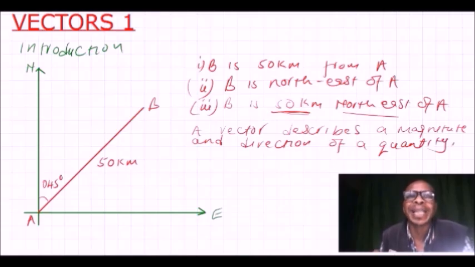So you can say Roman number 3 describes a vector.